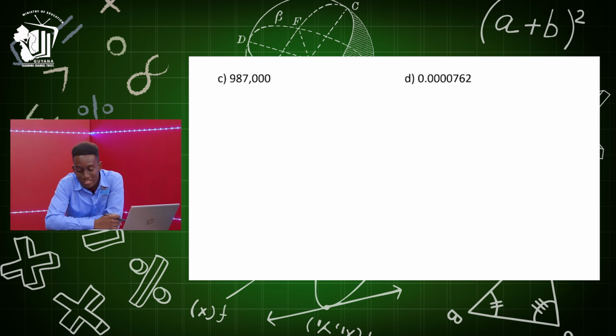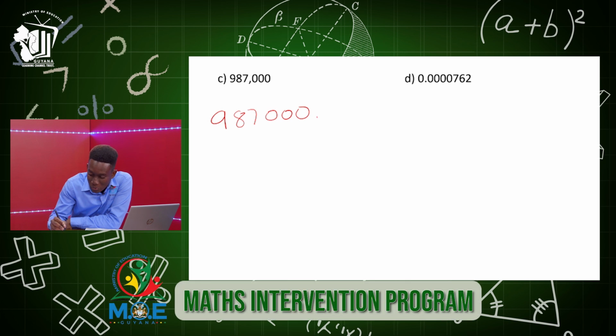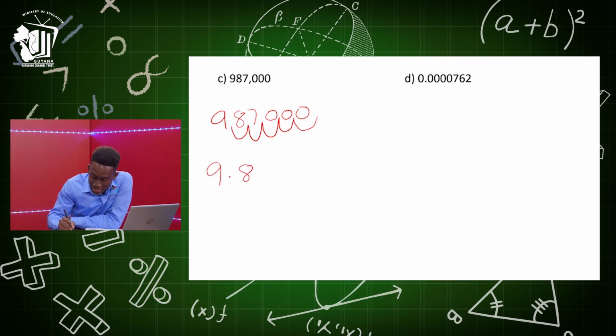So we have 987,000 and we want to write that in standard form. Remember, it's the same thing. So we see the point is here. So we jump 1, 2, 3, 4, 5. So this will become 9.87 multiplied by 10. Now we're not including these zeros.